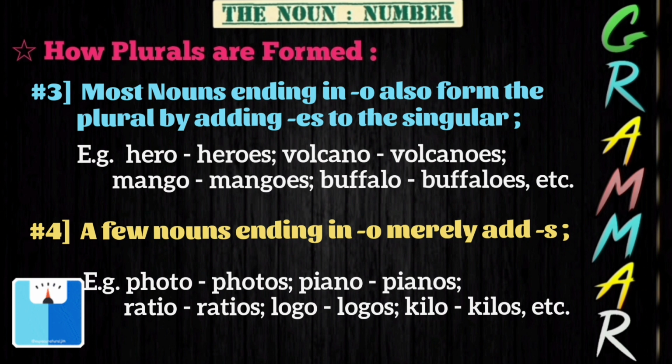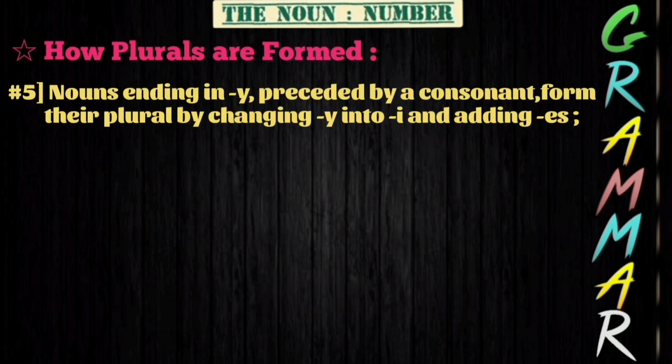Next rule, nouns ending in Y preceded by a consonant form their plural by changing Y into I and adding ES. Let's understand this with the help of an example. So we have the word lady.